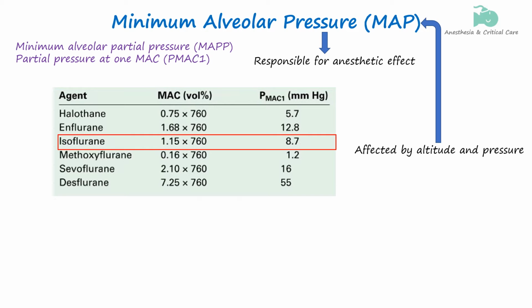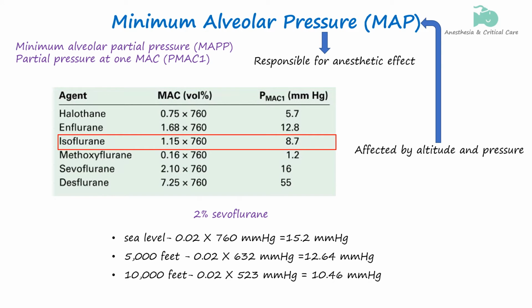For example, if sevoflurane is administered at a 2% concentration, the partial pressure at sea level would be 15.2 mm of mercury. At 5,000 feet, the partial pressure would be 12.64 mm of mercury, and at 10,000 feet, the partial pressure would equal 10.46 mm of mercury.